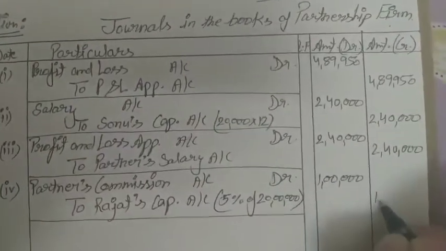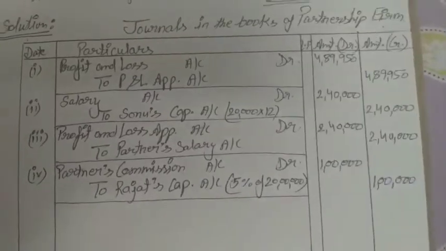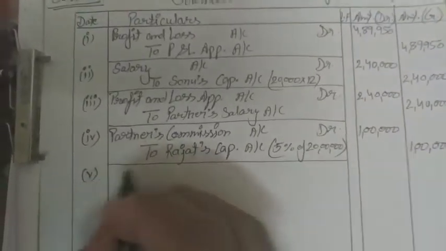According to this, ₹1,00,000 we have to transfer to Rajat's capital account, and this partner's commission will now transfer to profit and loss appropriations account.